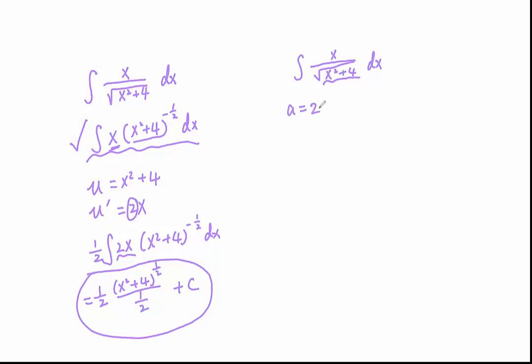Then x, following the table, x should be a tangent. Of course, there's a domain for theta. I'm not going to write it. Since we have followed the table, we know everything is going to be fine, right? So then x is going to be 2 tangent theta.